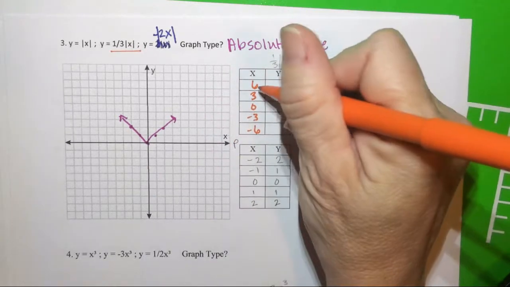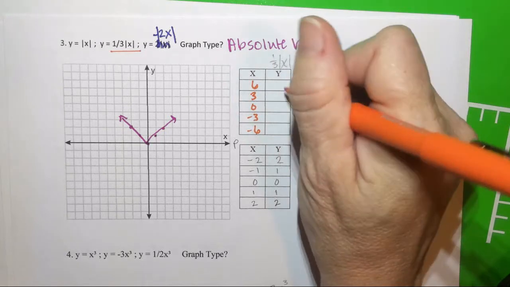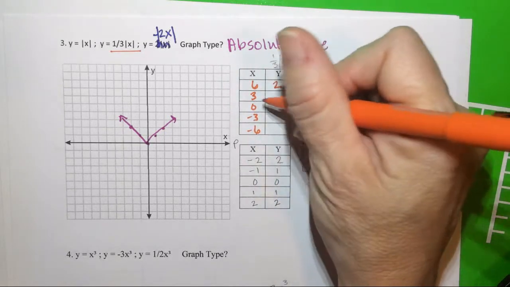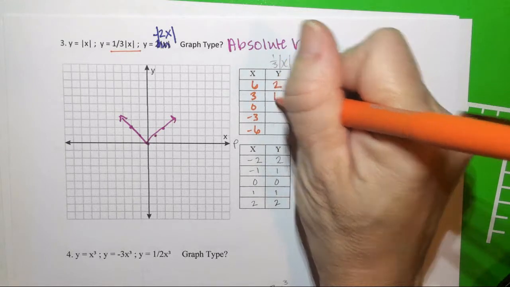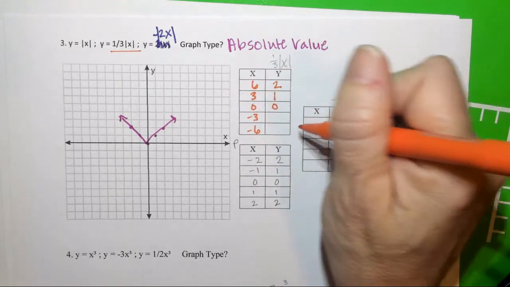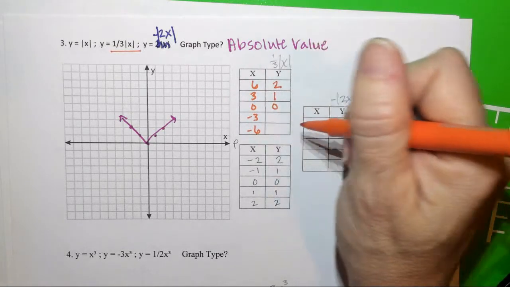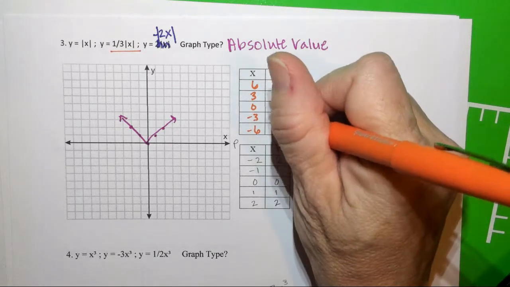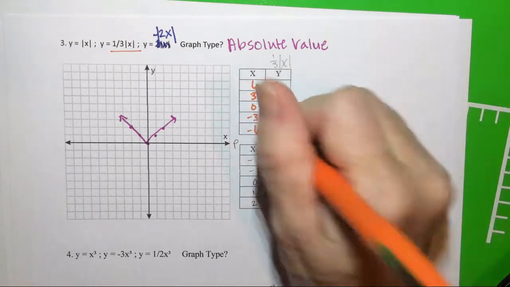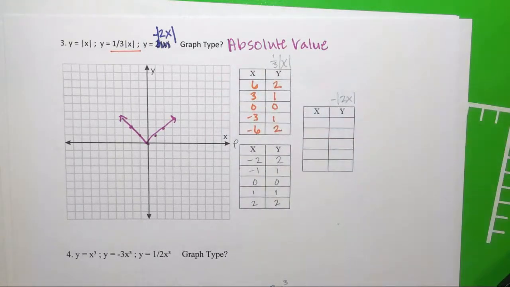So the absolute value of 6 is 6, and multiply that times 1/3 and you get 2. 3 times 1/3 is 1. 0 times 1/3 is 0. The absolute value of -3 times 1/3 is 1. And the absolute value of -6 times 1/3 is 2. So let's graph these.